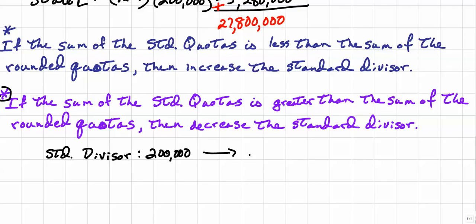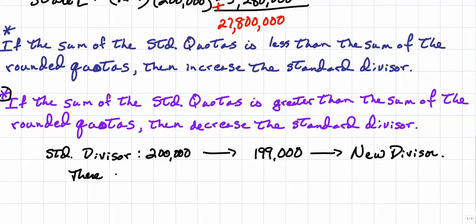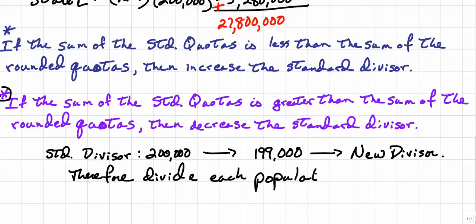So let's try 199,000. So this will be our new divisor, and therefore divide each population by 199,000. Now, as I said, this may or may not work, okay? And this is simply trial and error.